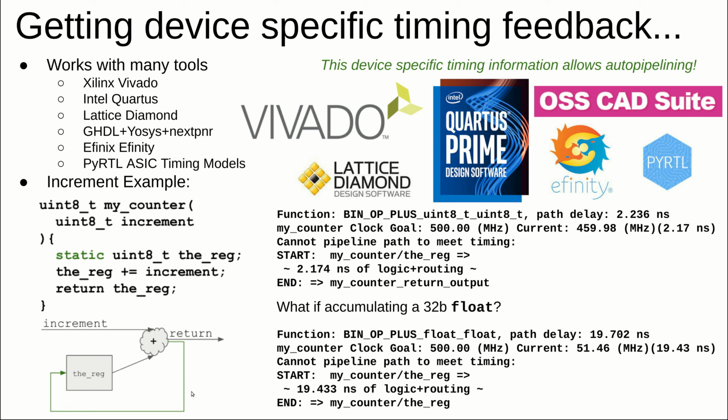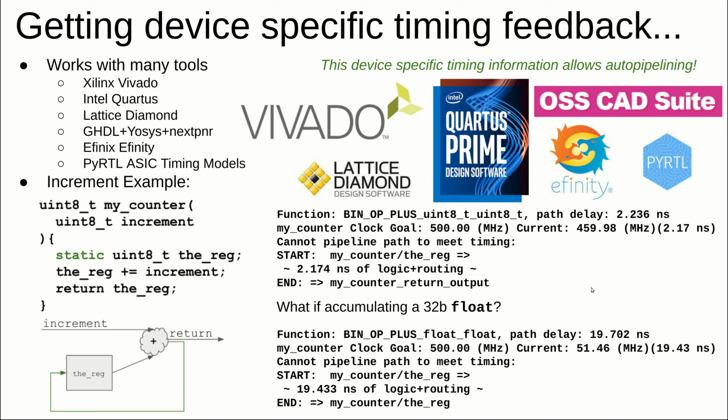All of those tools can be run, and you can say, give me the combinatorial delay across adding two 8-bit numbers, this binary operation, the plus between two uint8s. And they'll say the path delay is 2.2 nanoseconds. But you can also switch it up, and earlier I showed some float types. You can ask the same thing, and it'll tell you that's closer to 19, 20 nanoseconds.